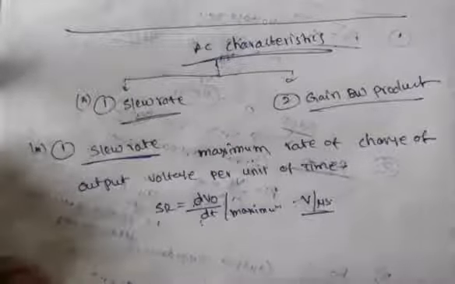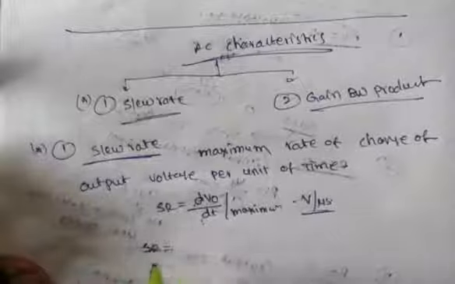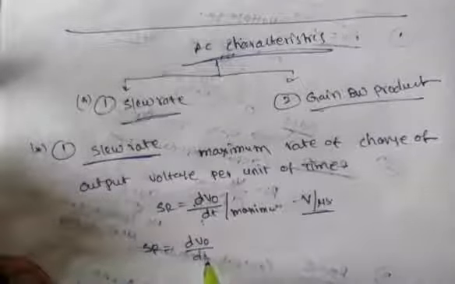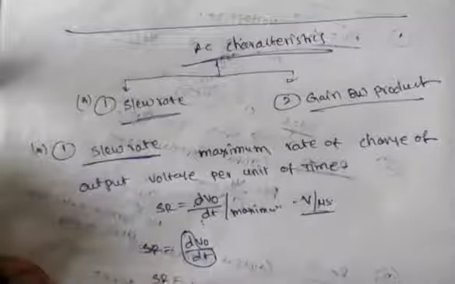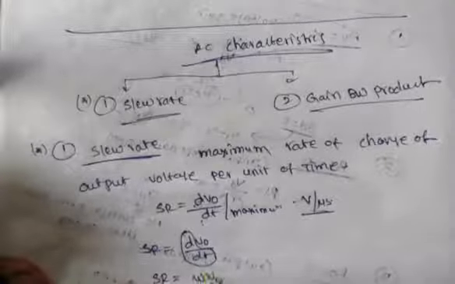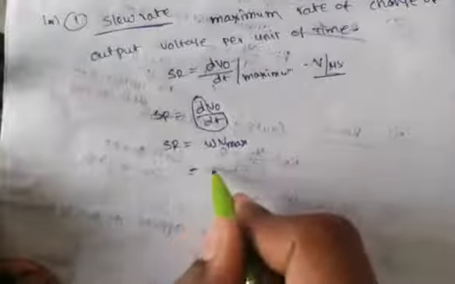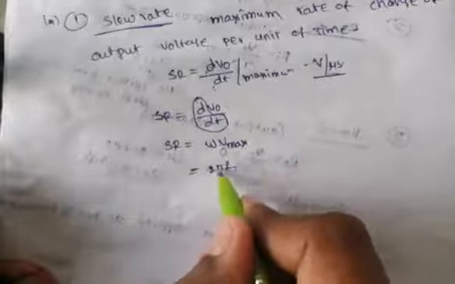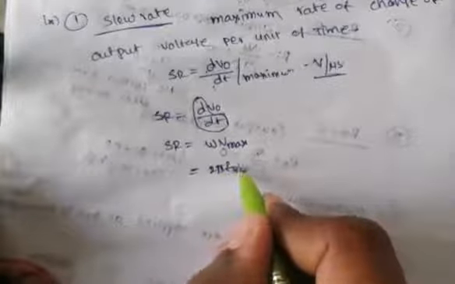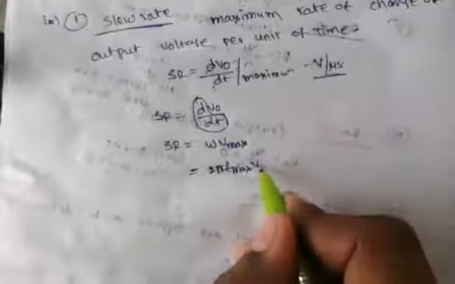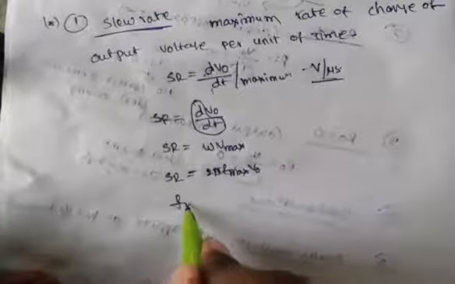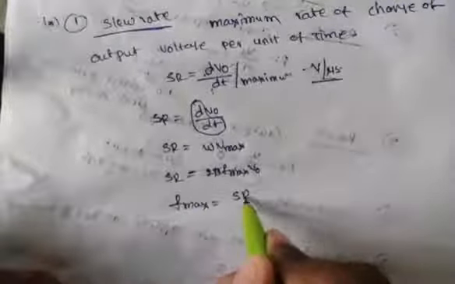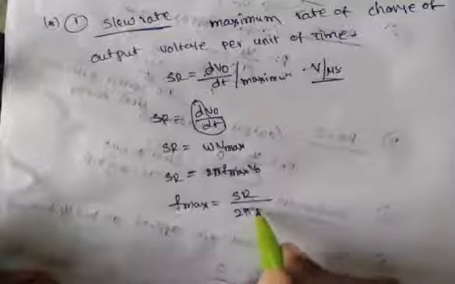Also, slew rate is dV0 by dt, which we can represent as omega times the maximum output voltage. What is omega? Omega is frequency, that is 2 pi f maximum times V0. So from that, f maximum is equal to slew rate divided by 2 pi V0.